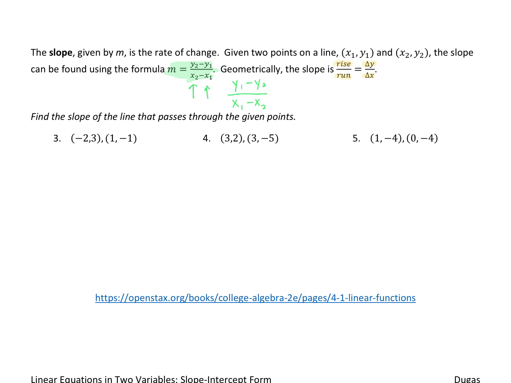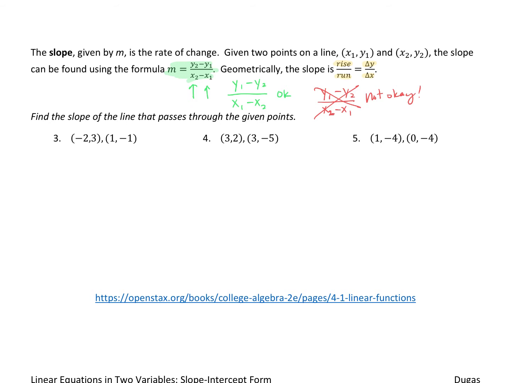As long as your subscripts match top and bottom, you'll be okay. This is another version of the formula, and it's fine. You do not want to do y1 minus y2 over x2 minus x1. See how the 2 is on top of the 1? This is not okay. You cannot mix up your subscripts. So again, the 2's in green are all right.